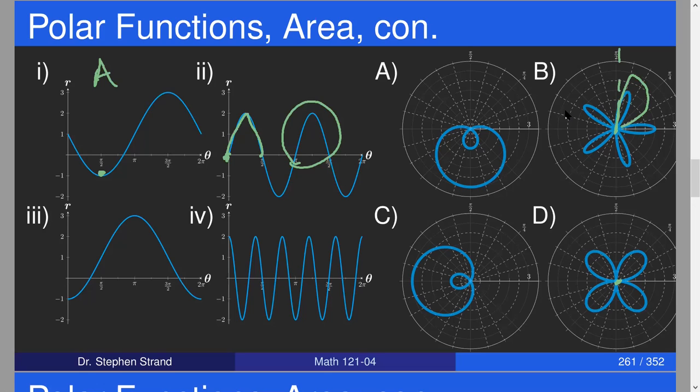And again, it turns out that yes, there is, it's this one. By the time we are at pi over 2, this has made a loop. It's gone from 0 out to some radius and back to 0. You can think of this loop as corresponding to this loop.